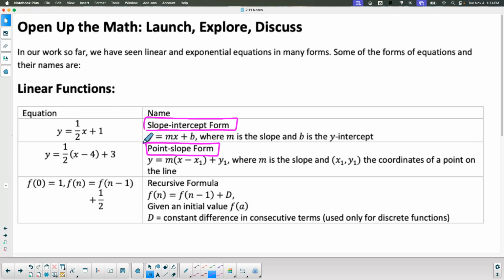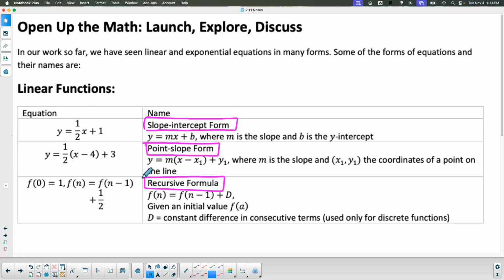Recursive formula isn't going to do much for you because as we learned in Unit 1, that recursive formula only gets you the next term. It doesn't get you like the 50th term without having to perform that operation 50 times.